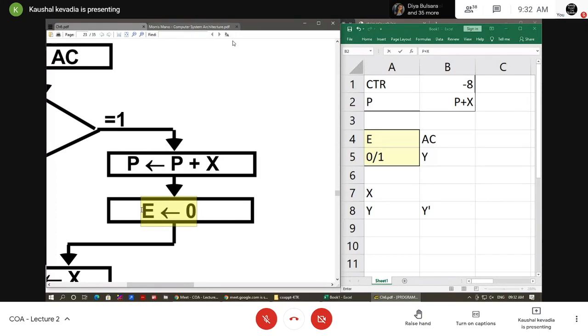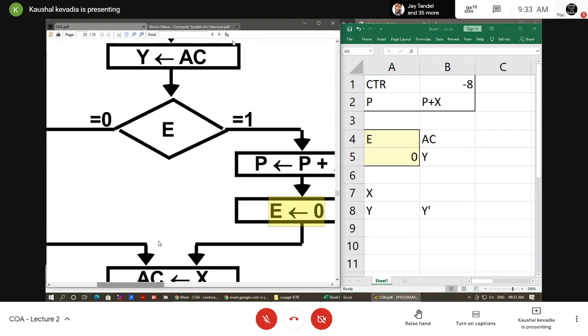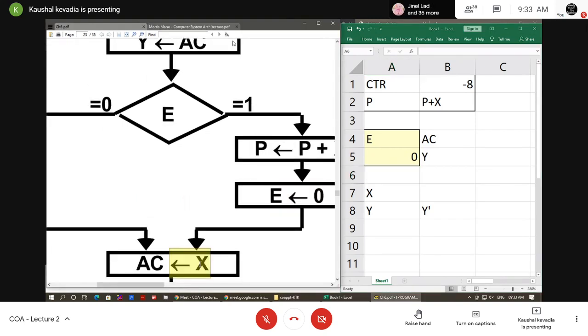Now let me check another thing. Let me shift the E register to 0, so again I want to set E to 0. Then I want to shift X to the accumulator. Now what do I have to shift into the accumulator?